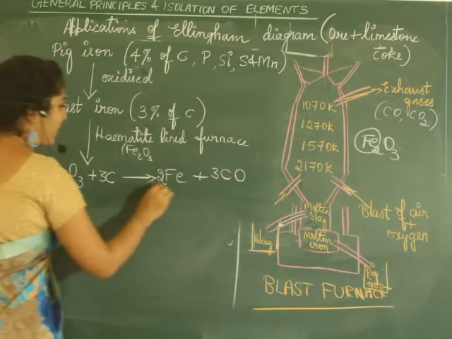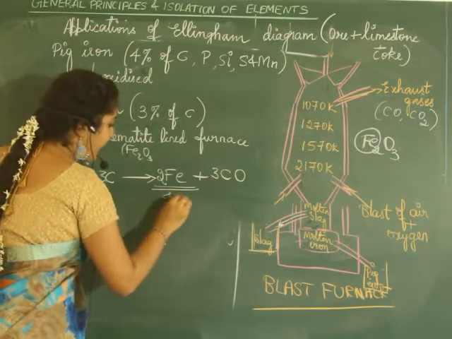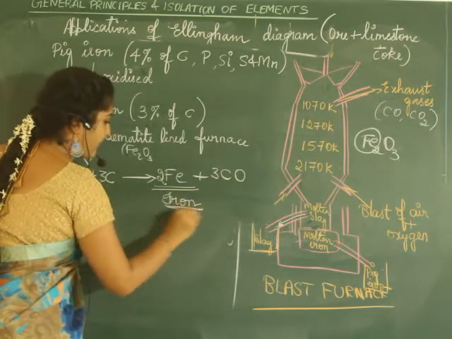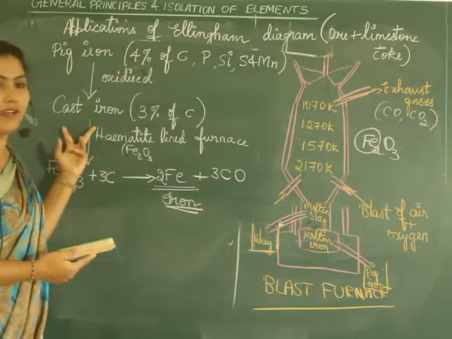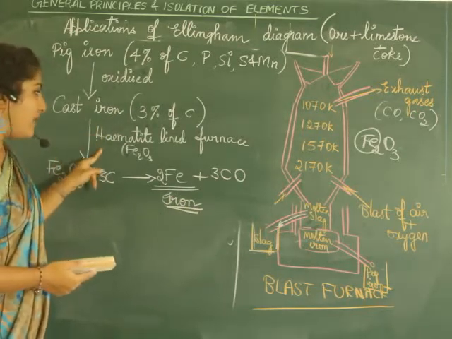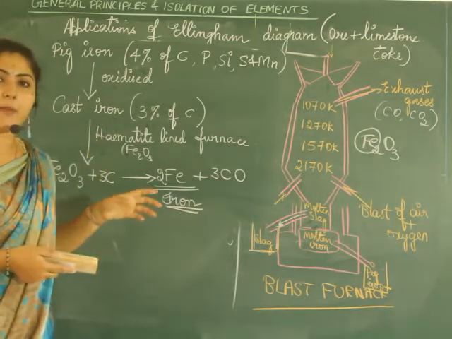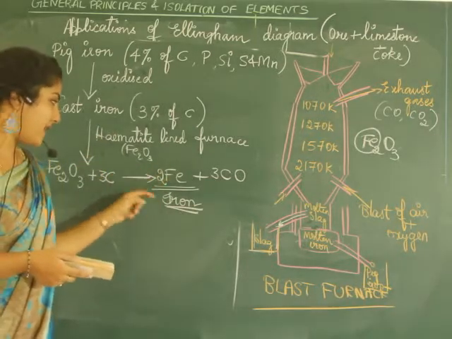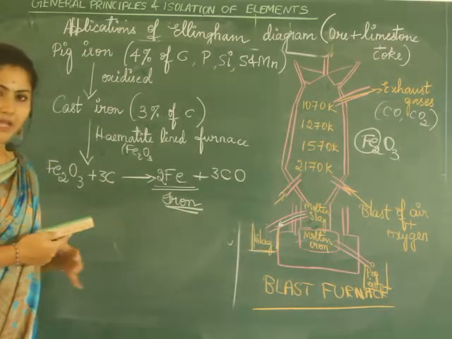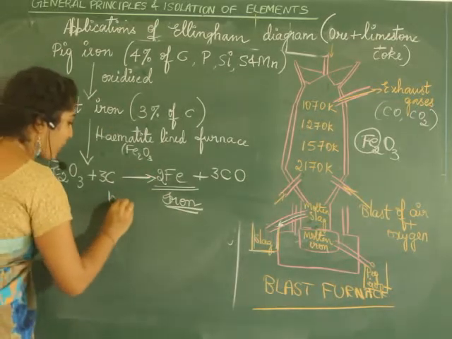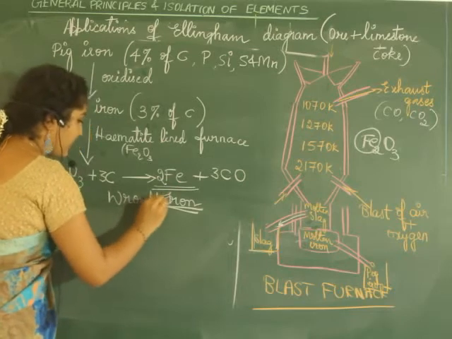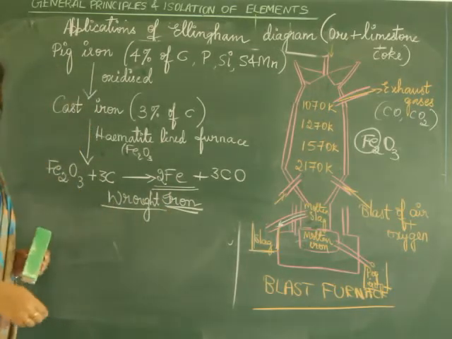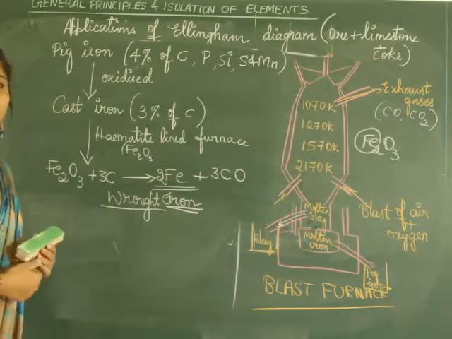So here what is formed? You get the iron now again. Now this iron which we have got, cast iron we had, we treated it, we had taken it in a hematite lined furnace and we heated it. Now what iron we have got, it is called wrought iron. W-R-O-U-G-H-T, wrought iron. You have seen Eiffel Tower?